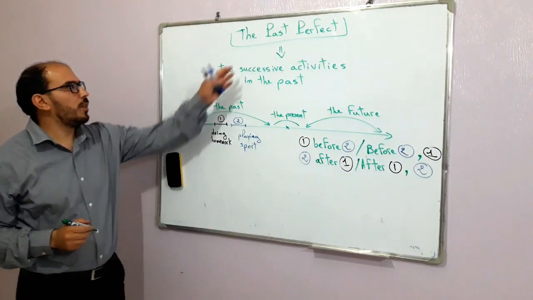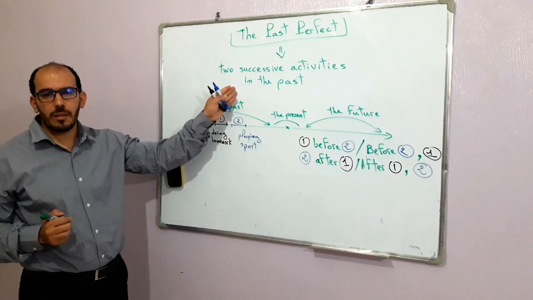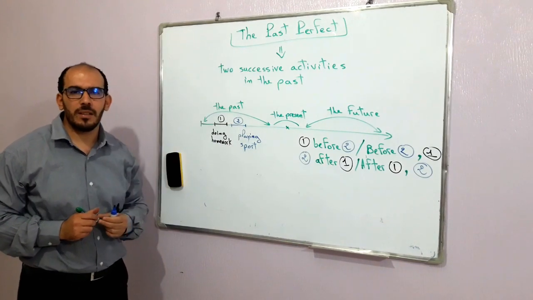All the time. So when we speak about the past perfect, we have to bear in mind that we are talking about two successive activities in the past.